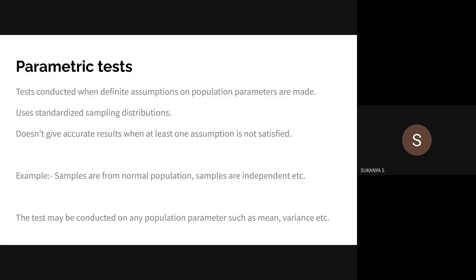That's an assumption that we are making. Any marks that we are considering are of students from your college. So basically, you have a set of predefined assumptions about your population parameter. Only if they are satisfied could you apply this test. Such tests are called parametric tests.